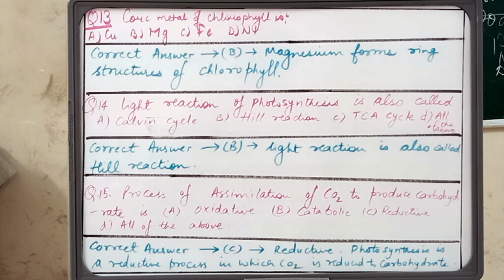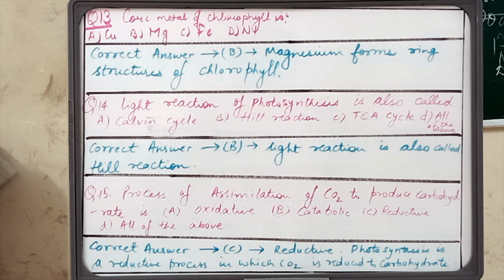Now, let us look at question 13. Core metal of chlorophyll is copper, magnesium, iron or nickel. This question is directly from NCERT. Now, the magnesium forms the ring structure of chlorophyll. So, answer would be option B, magnesium.